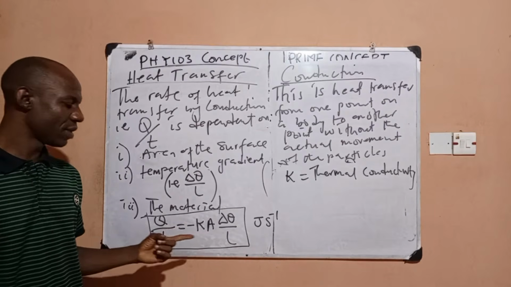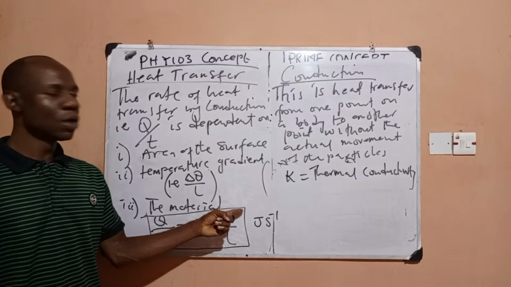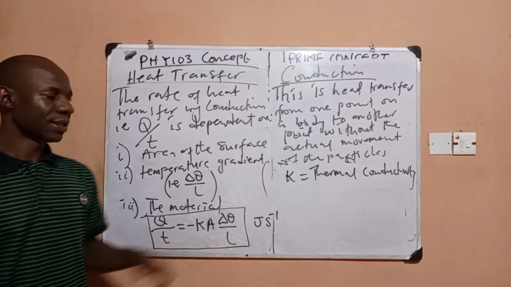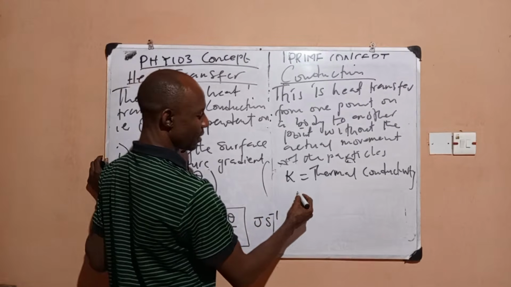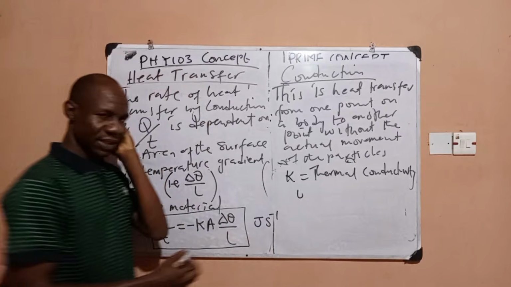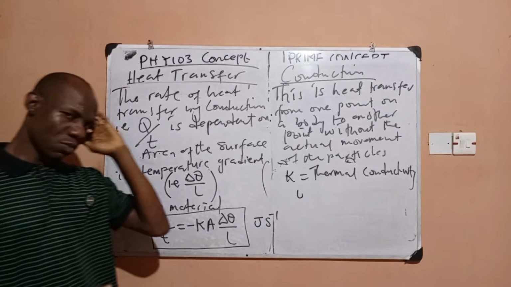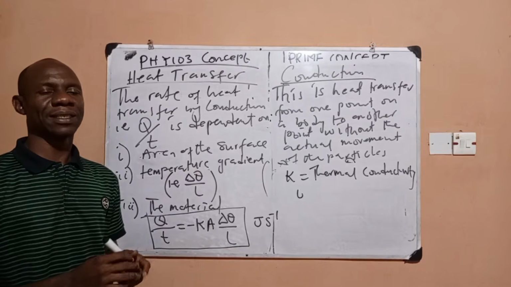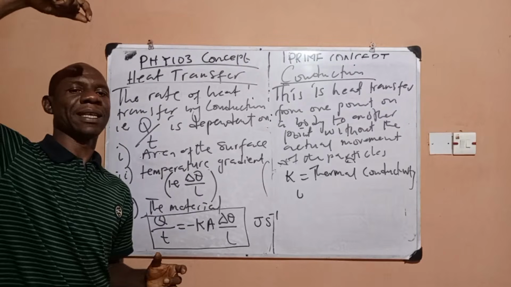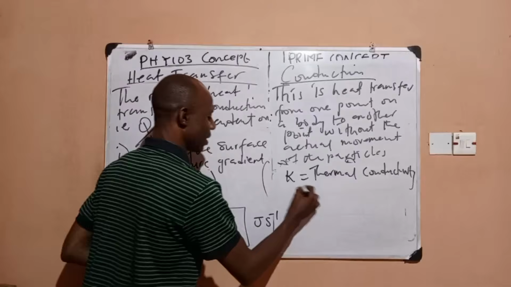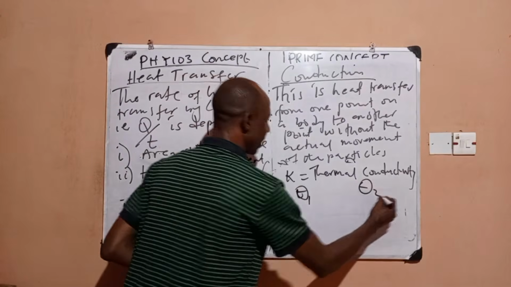So why do you have the negative? Of course, very simple, because this is theta 2 minus theta 1. When heat is being transferred from one point to another, heat is being transferred from a higher temperature. So say this is theta 1, this is theta 2.